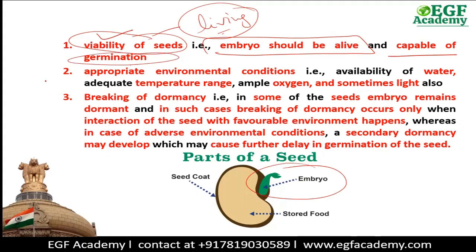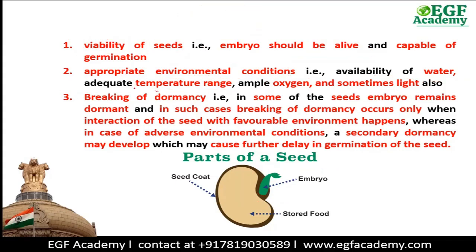The second condition is appropriate environmental conditions. It means whatever the seed requires for germination, like water, and a proper temperature range. Some plants need very little temperature to germinate, while some seeds require more temperature for germination. Also, oxygen is required by the seeds. It also needs light. All that should be available. Then breaking of dormancy. The seed is in a dormant state.